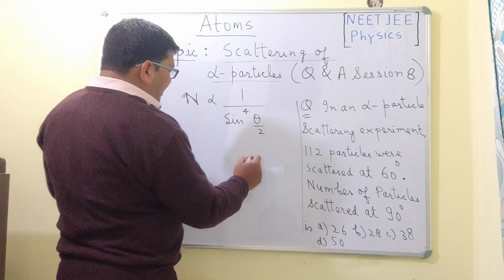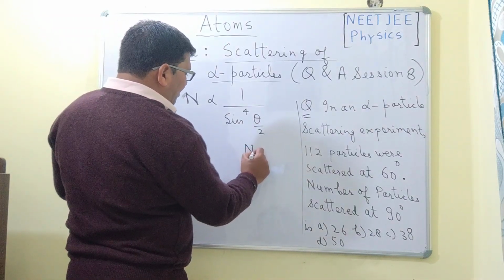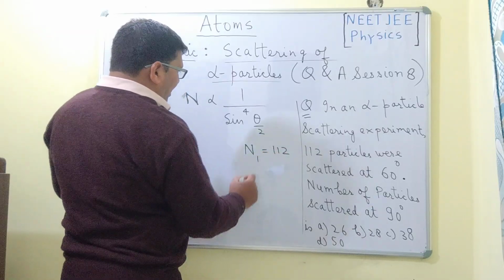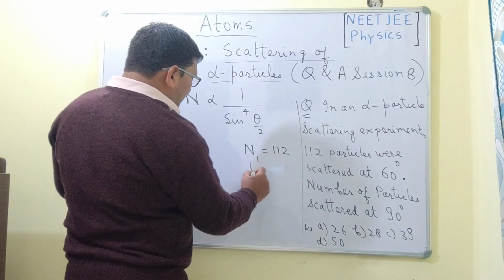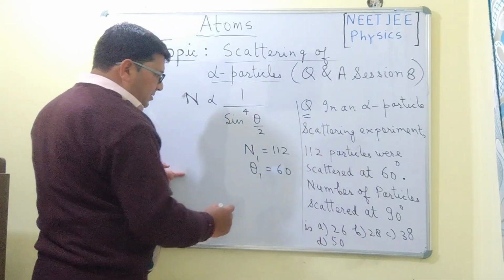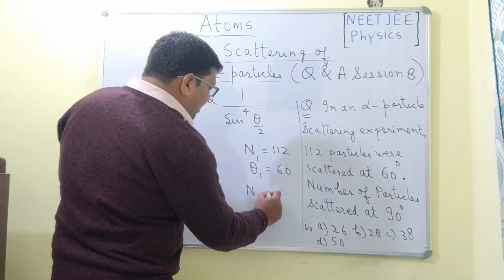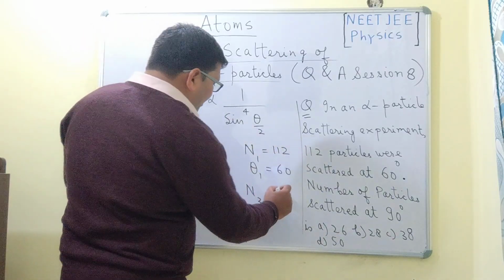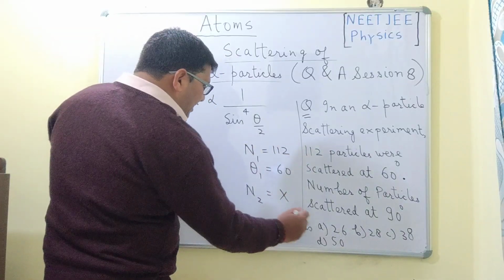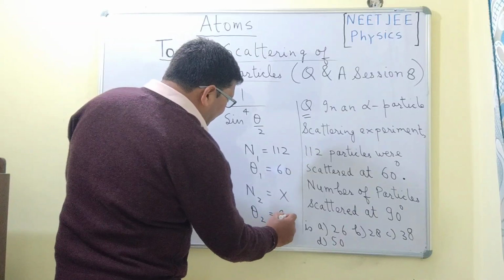In the first case, let us say the number of scattered particles is n1, equal to 112, and the scattering angle theta 1 is equal to 60 degrees. In the second case, the number of scattered particles is to be found, and let us say this is equal to x, and the scattering angle theta 2 is equal to 90 degrees.